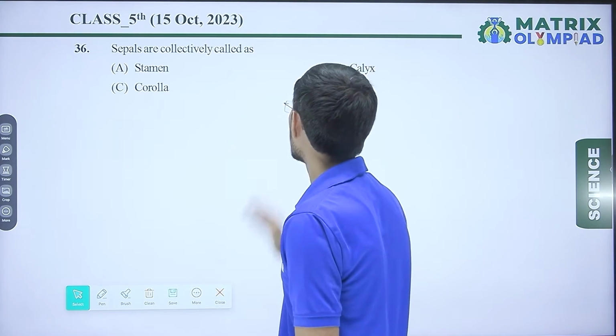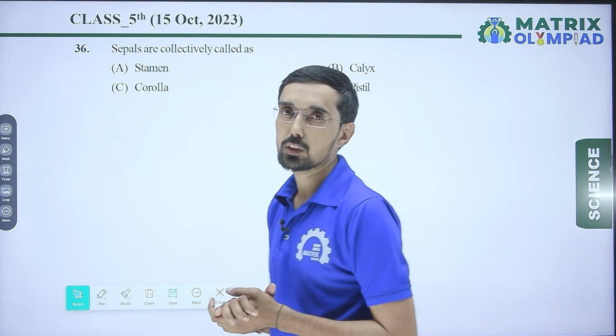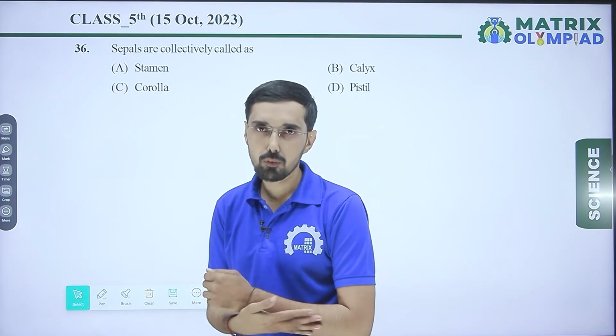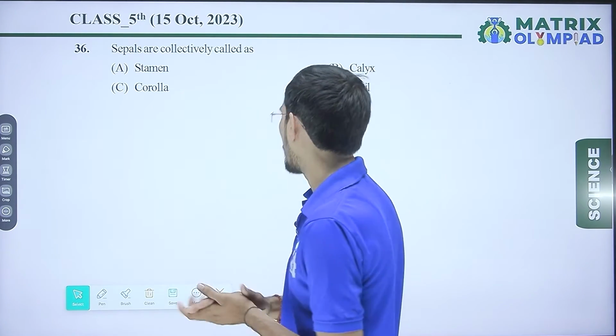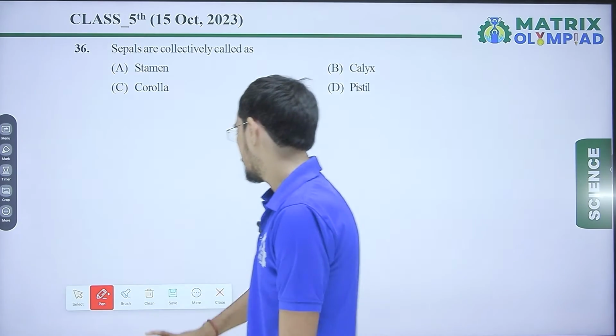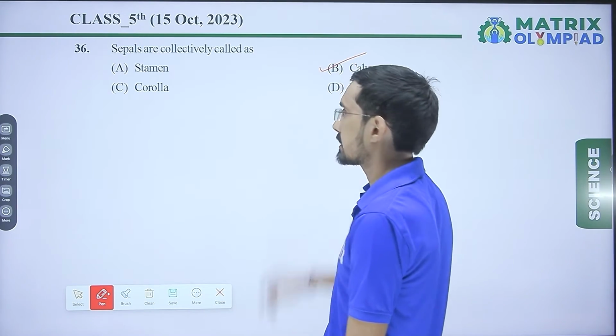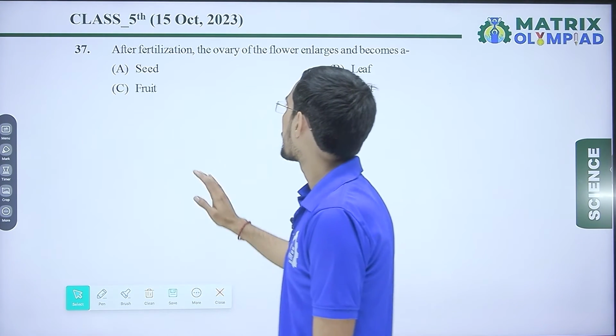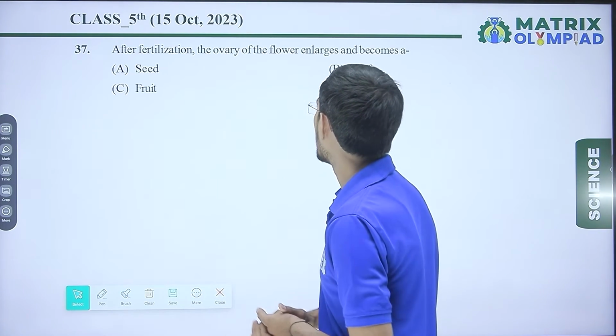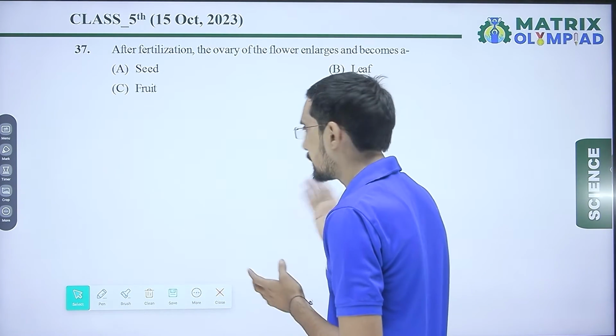sepals are collectively called as. Sepals, as we know that sepals is a part of flower and it is the outer part of the flower. That will be option B. So our correct answer will be calyx. Now our move to the next question. After fertilization, the ovary of the flower enlarge and become.